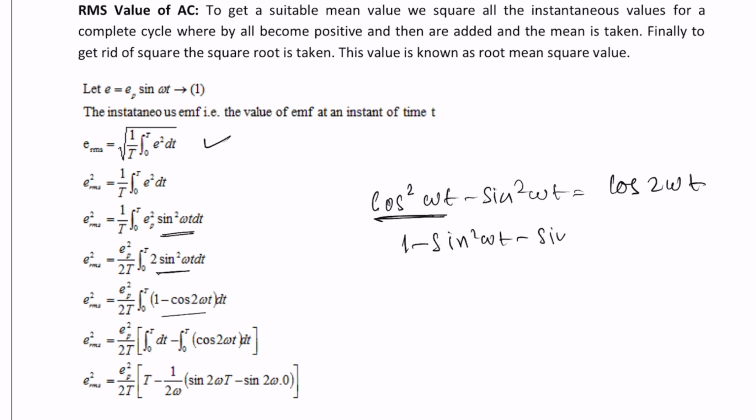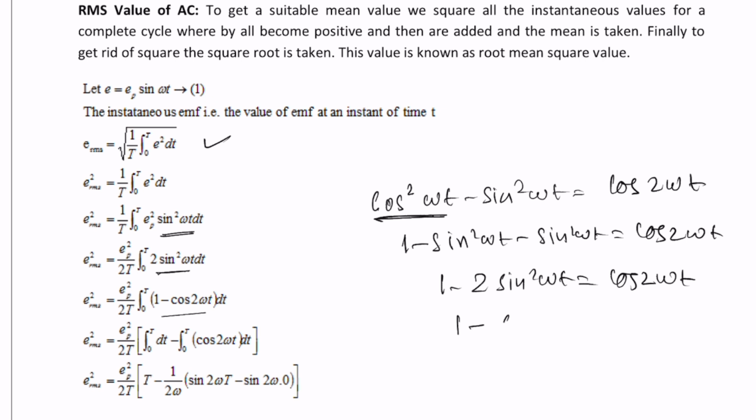This is the trick: you can do any square to multiple angle conversion. So 1 minus 2 sin square omega t equals cos 2 omega t. If you can't remember this formula, then you need to do it this way: 1 minus cos 2 omega t equals 2 sin square omega t.